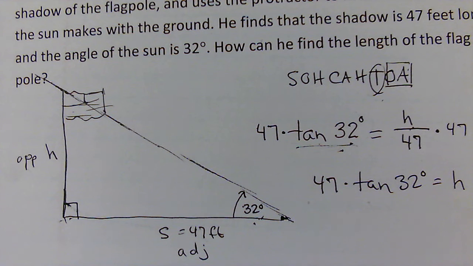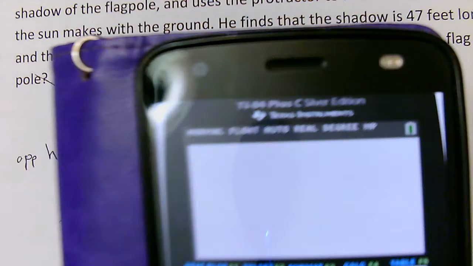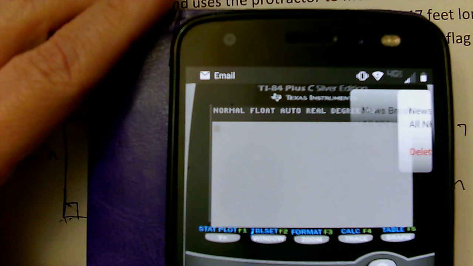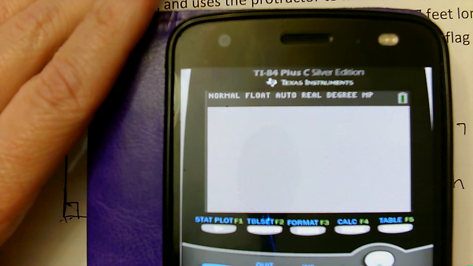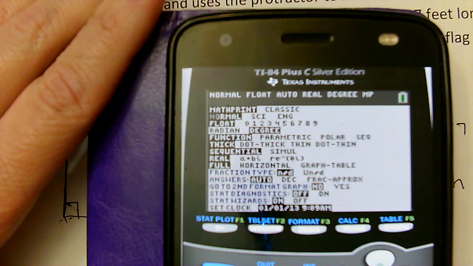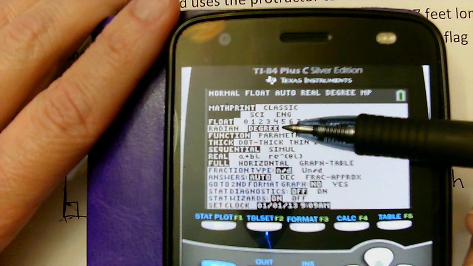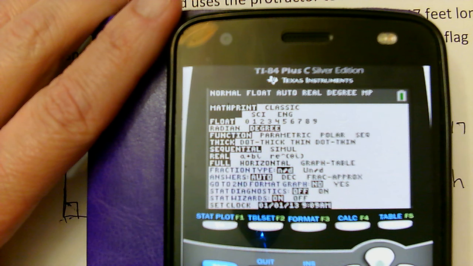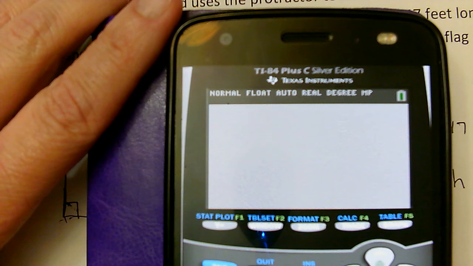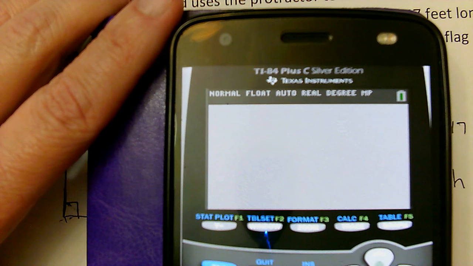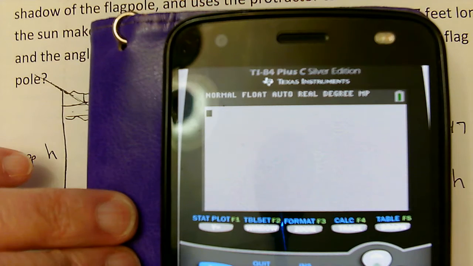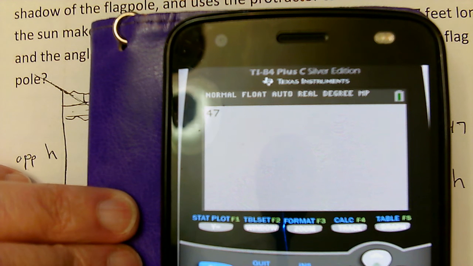Well, 32 degrees isn't an angle that we know the tangent of, so we can use a calculator. Remember, when you're going to do trigonometry on your calculator, you need to check your mode first to make sure that it is set in degrees, and mine is. So now I'm going to do 47 times the tangent of 32 degrees.